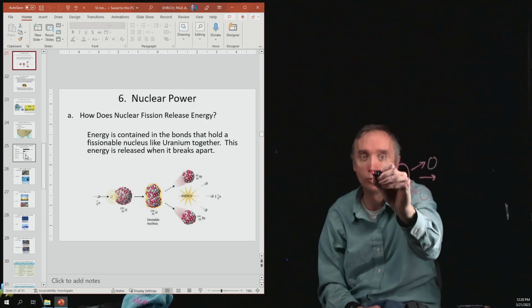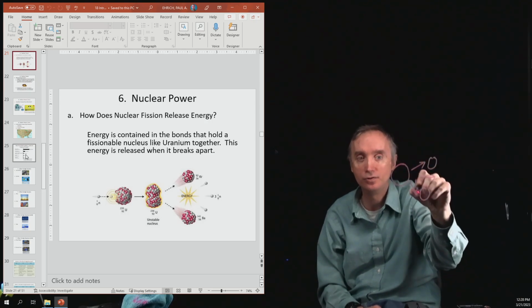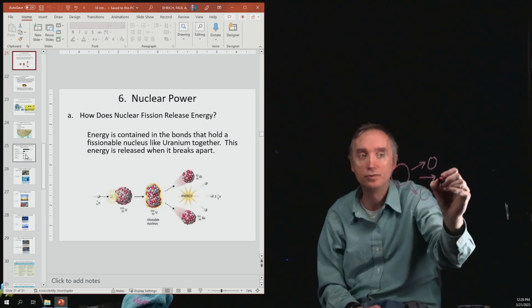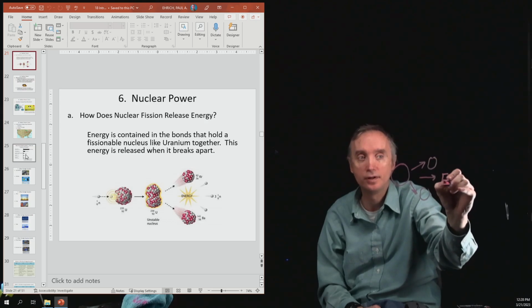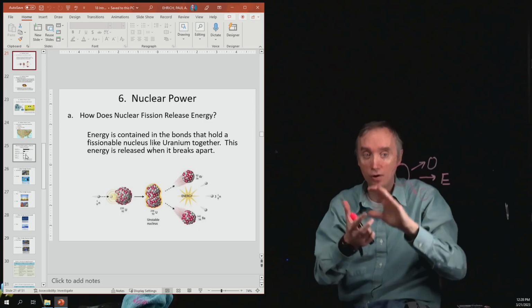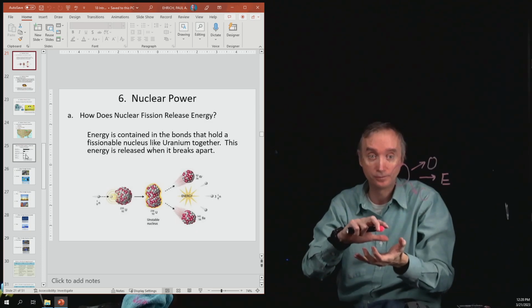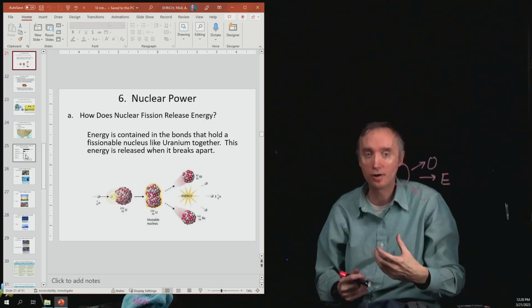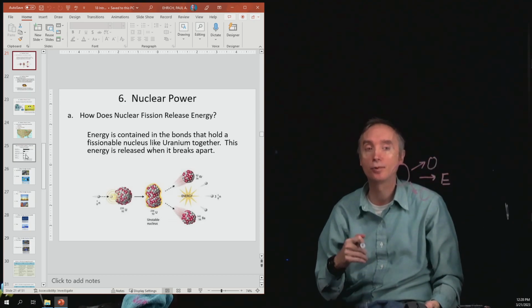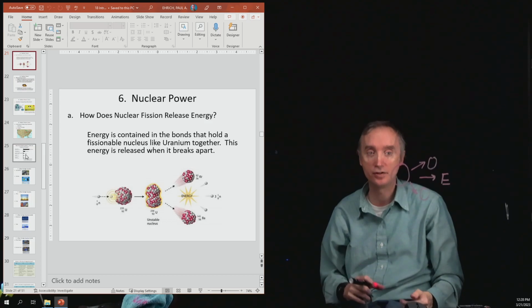So one neutron went in, and actually 3 neutrons come out of this thing. And then it also gives off energy. Now that energy was originally being used to hold that nucleus together. But after it breaks apart, some of that energy is going to be released, and we're going to call this nuclear fission.